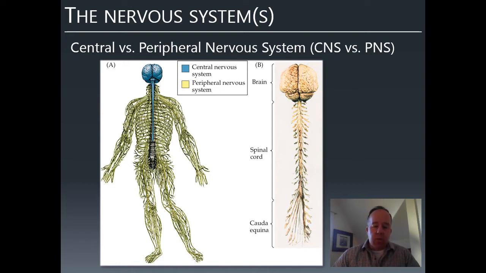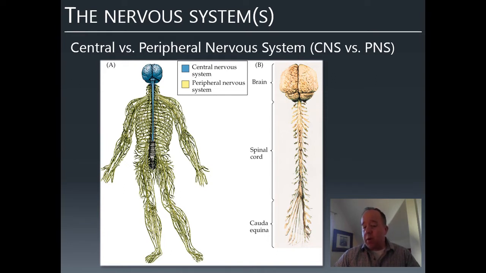We'll see this root word, C-A-U-D-A, cauda, in a few different contexts. What it means is tail. And equina, if you've heard the term equine or equestrian, refers to horse. Now, obviously, this is a human nervous system. It's called that because where those nerves exit, they exit in a bundle, and it looks like a horse's tail.